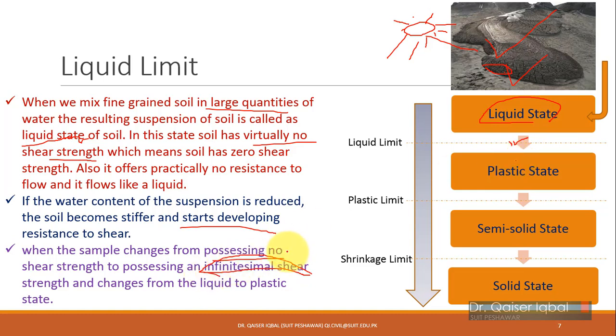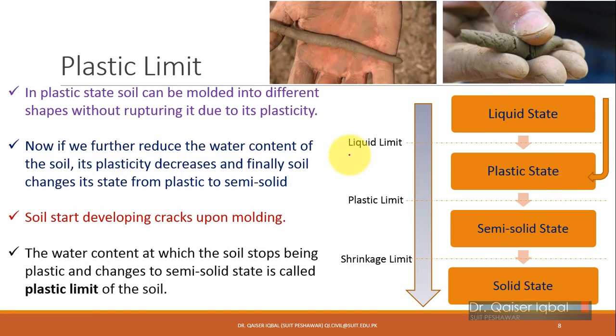So the point where it is transiting from having zero shear strength to a very minimum shear strength will be known as the liquid limit. If you further reduce the moisture content, the soil will be no more liquid at this point. So it will go into the plastic state after that.